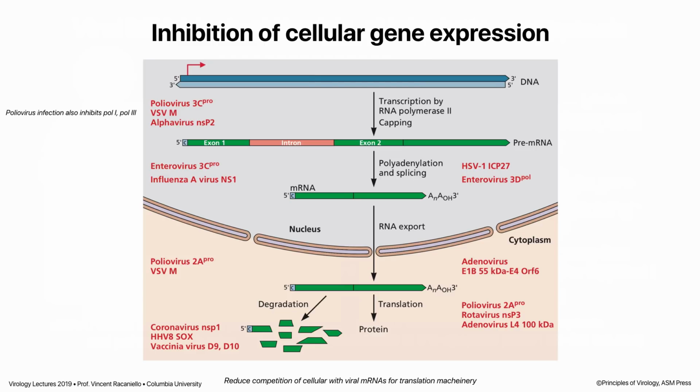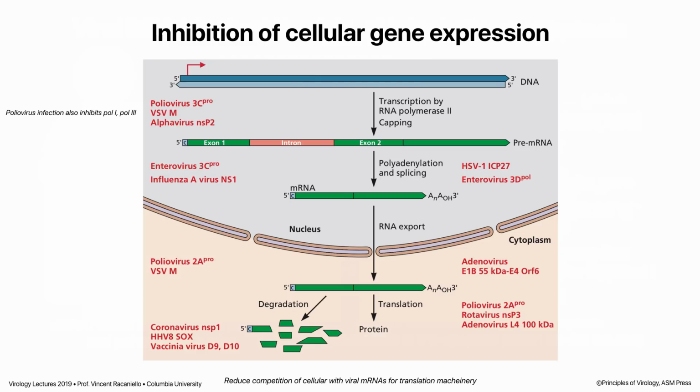So for example, these particular polio, VSV, and alpha virus proteins interfere with Pol II transcription. And I note here, polio also inhibits Pol I and III. It inhibits all three polymerases. And the mechanism, by the way, is that it degrades the transcription factors that are needed. It doesn't touch the enzyme. It just degrades the transcription factors.